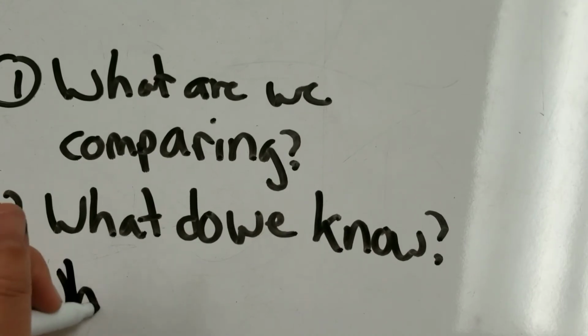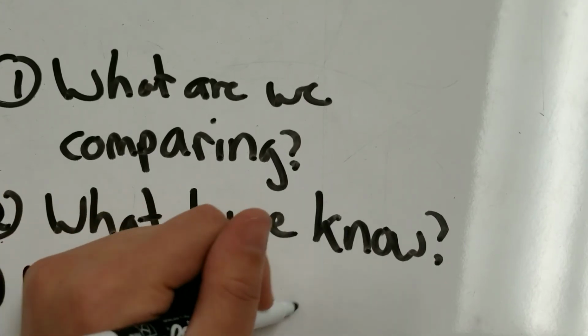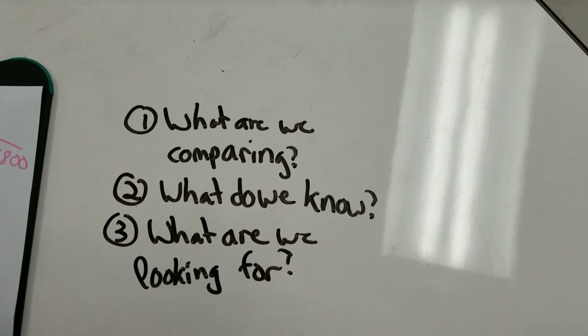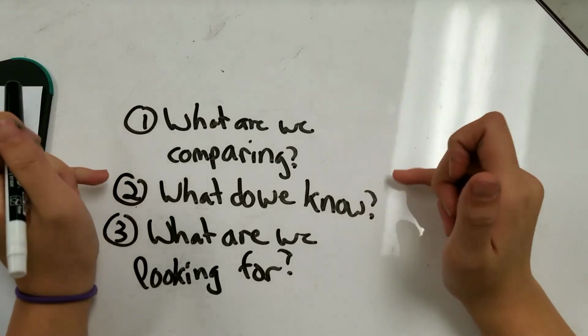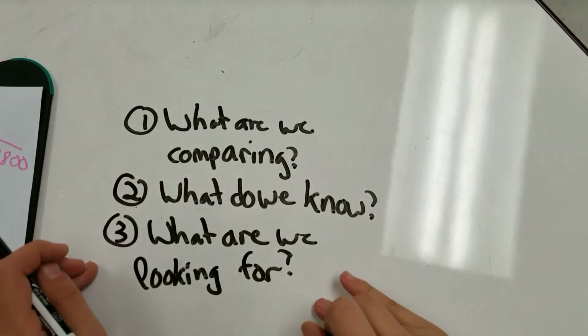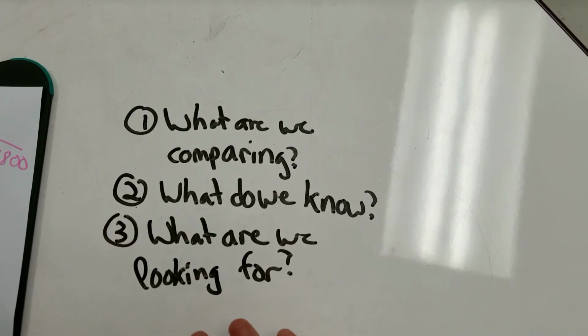What are we looking for? You should probably be able to see it. I'll zoom out. So the 3 questions we're asking ourselves: what are we comparing? What do we know? And what are we looking for? If we do these 3, we will not have any trouble with any proportions.